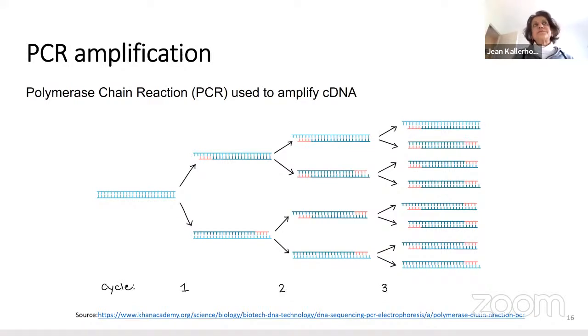And by and large, they developed a method whereby a double-stranded DNA could be very rapidly amplified, that is multiplied, into two double-stranded DNA, and the two would give rise to 4, and the 4 would give rise to 8.